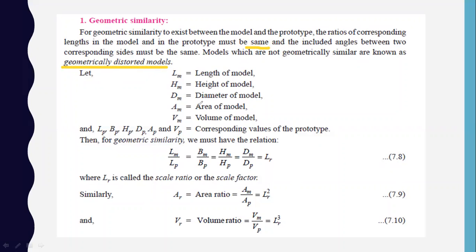So let us take LM as the length of the model, HM the height of the model, DM the diameter of the model, AM the area of the model, and VM the volume of the model.